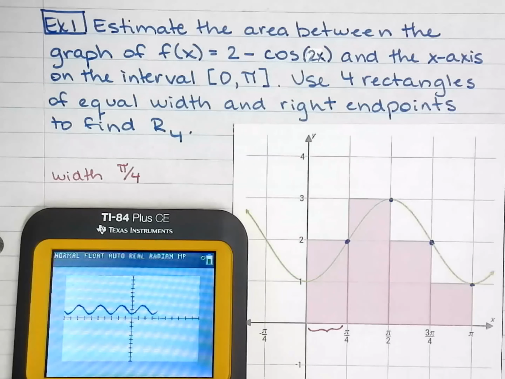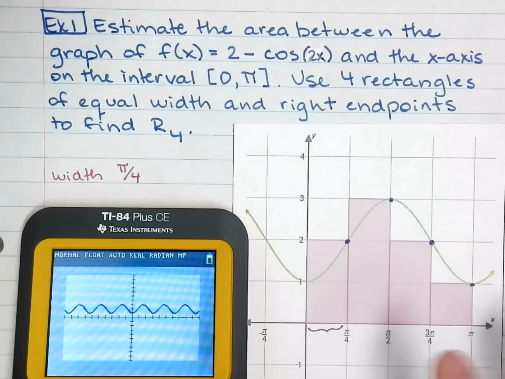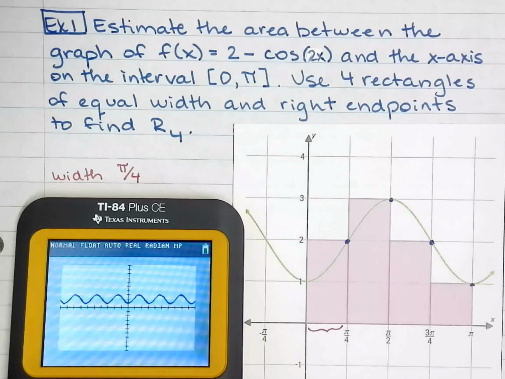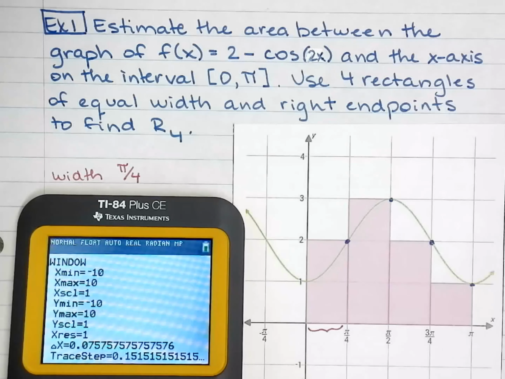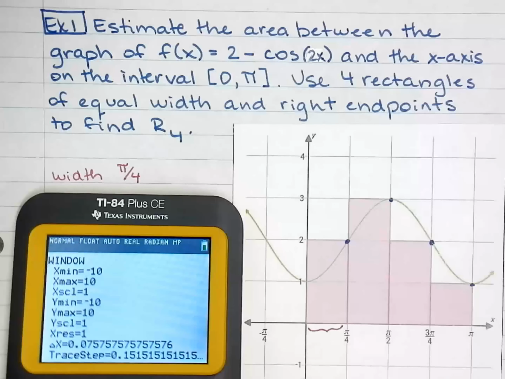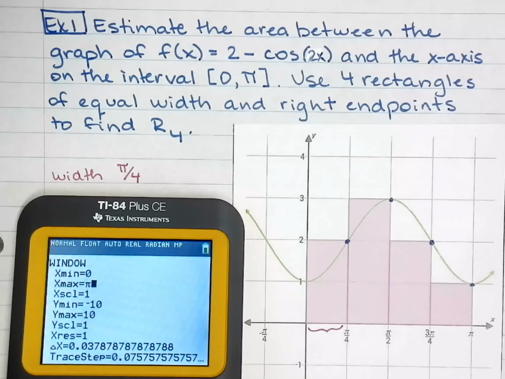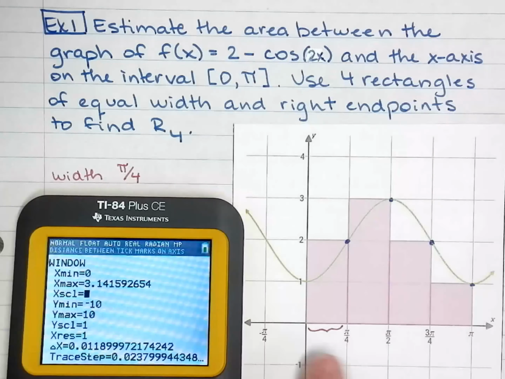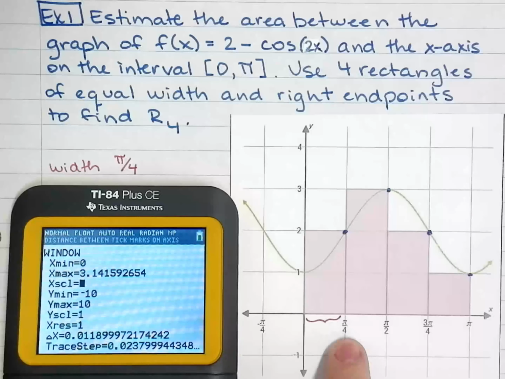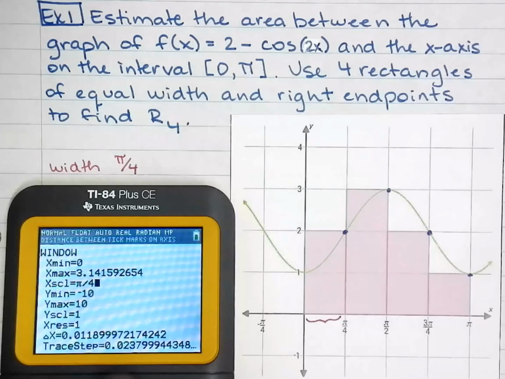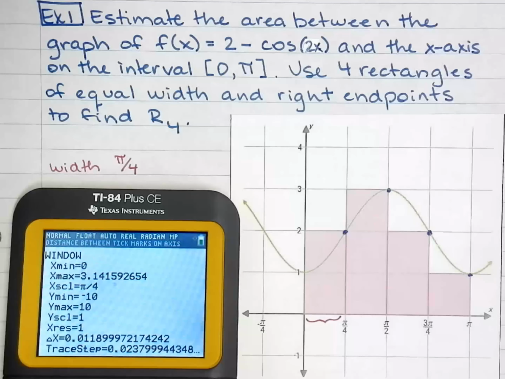I want to see my graph a little zoomed in, but instead of just zooming in, I want to set up the window the way I want it to be. So I go to window, and then x minimum, I want it to be 0. X maximum, I want it to be pi. And the x scale, I want it to be like my graph really is, so pi over 4.